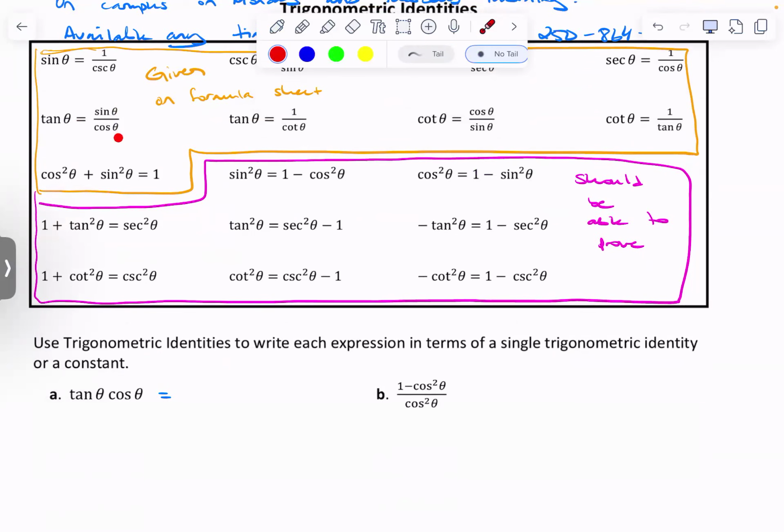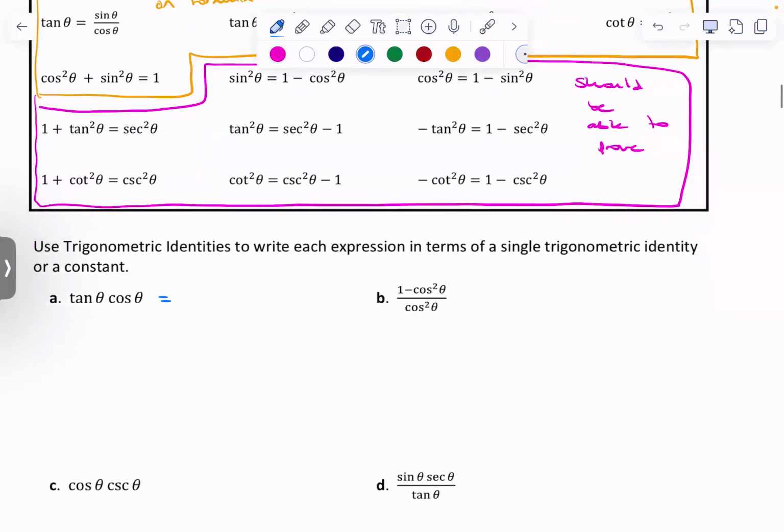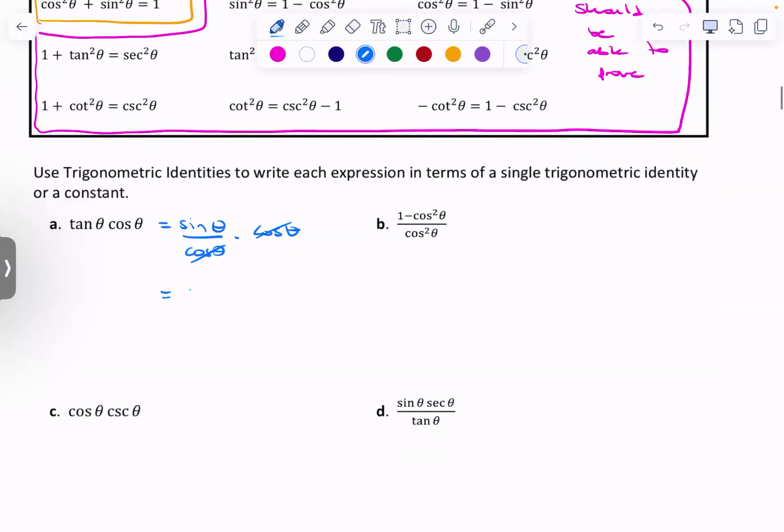That might be nice, right? And so I can rewrite this as sine theta over cos theta times cos theta. Now cos theta times 1 over cos theta is going to cancel, and now I'm left with one trig identity, sine theta. And then I'm done.